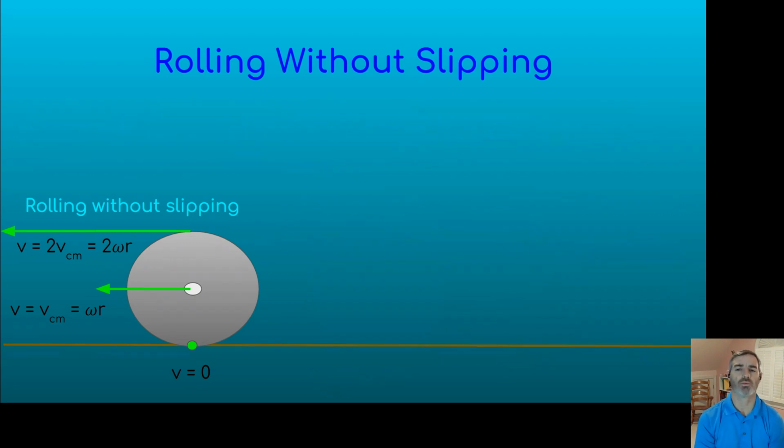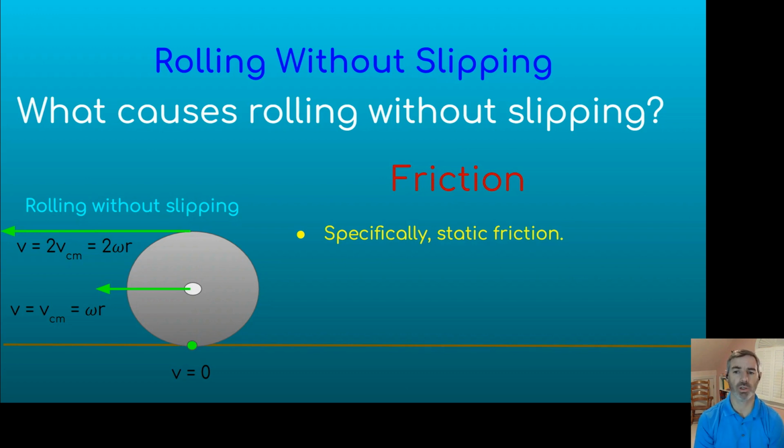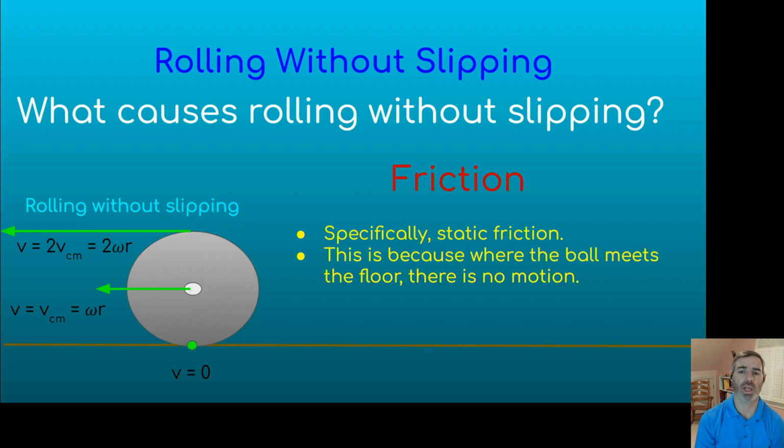So what does cause rolling without slipping? That's friction. Friction causes rolling without slipping, and specifically static friction, because the bottom of the ball has no motion. Remember from our forces unit on Newton's laws that static friction is the friction before something starts sliding, so there's no motion at all.